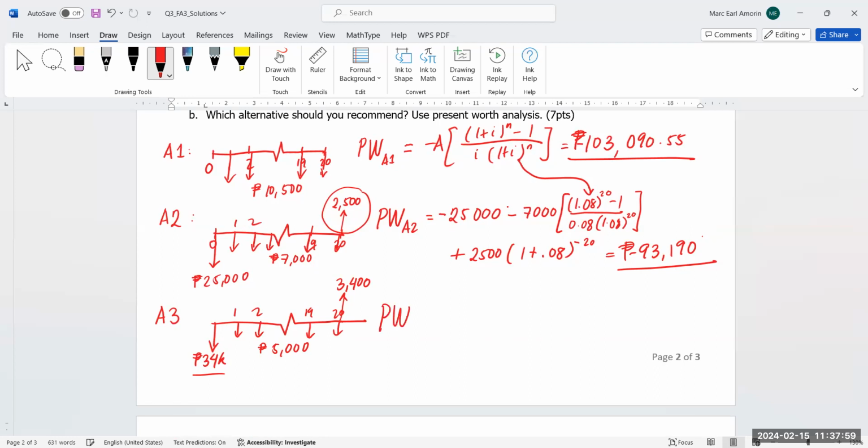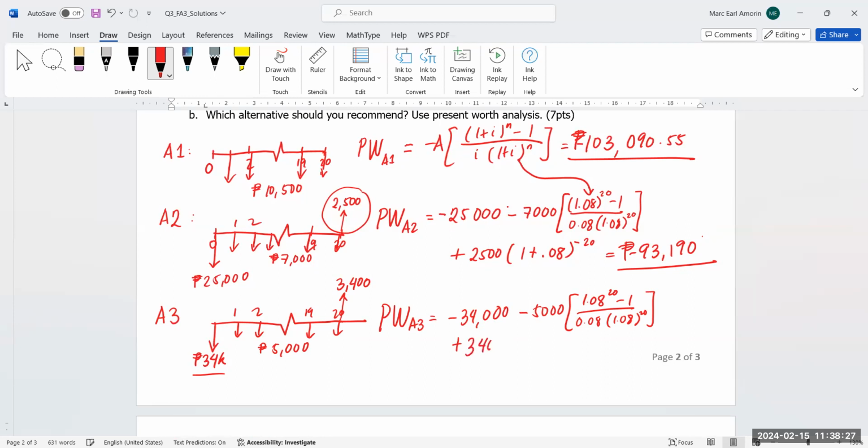So PW of A3, same formula. So just change the values. Okay, so instead of 7, we make it 5,000. And then, we always add the salvage value since it is positive.